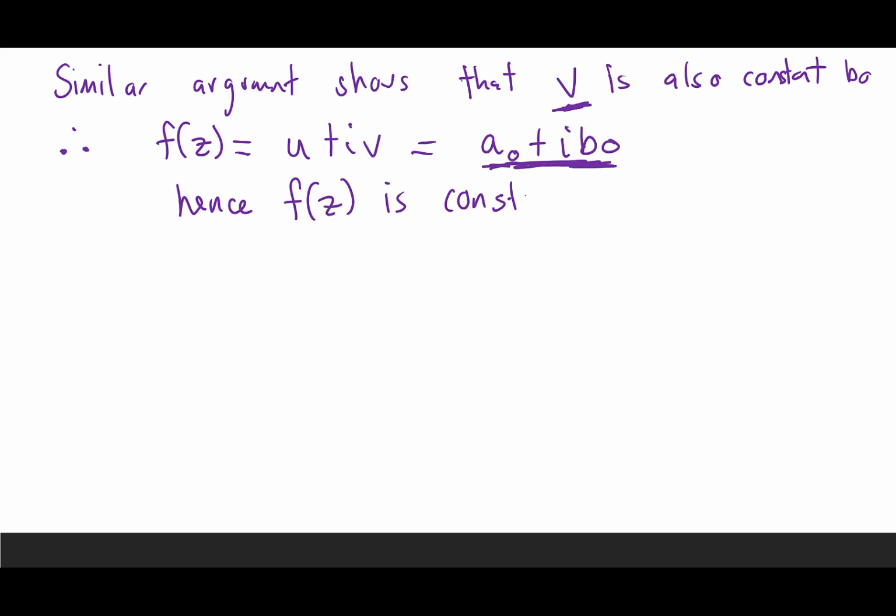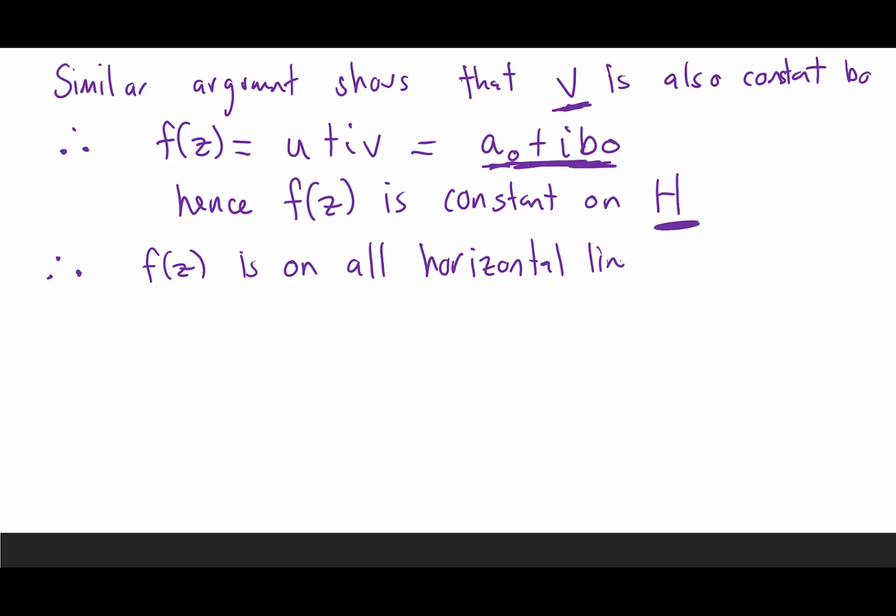It is constant on h, our horizontal line. Now, h was arbitrary, right? We picked any horizontal line. We didn't pick a particular one. So this is actually true. Therefore, f of z is constant on all horizontal lines, because again, remember, our h here was arbitrary.